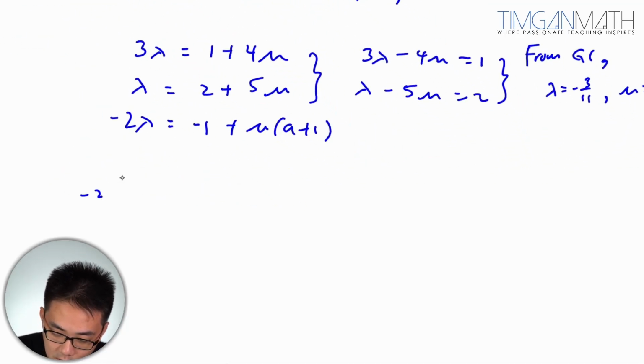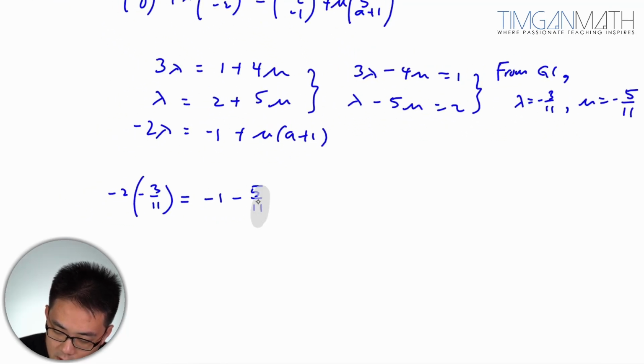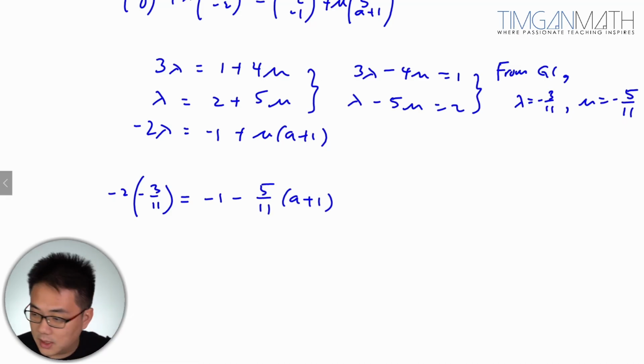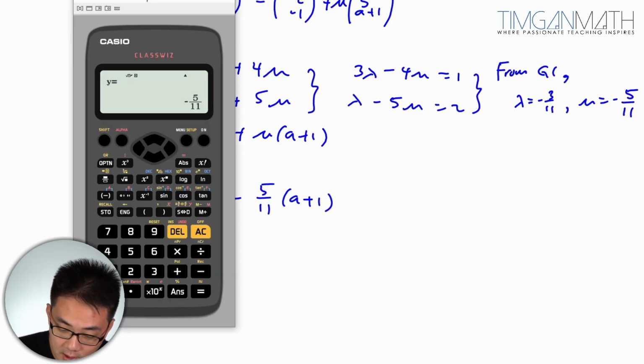So minus 2 times minus 3 over 11 equals minus 1 plus minus 5 over 11 times A plus 1. Same thing, just use the calculator to calculate this part here.